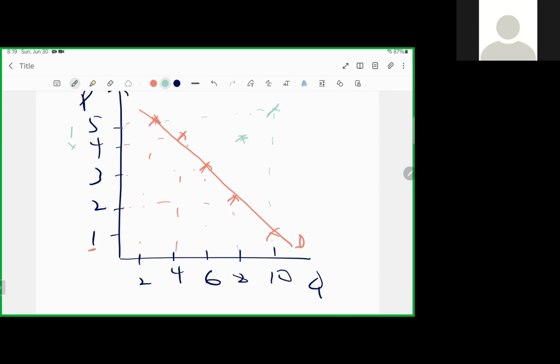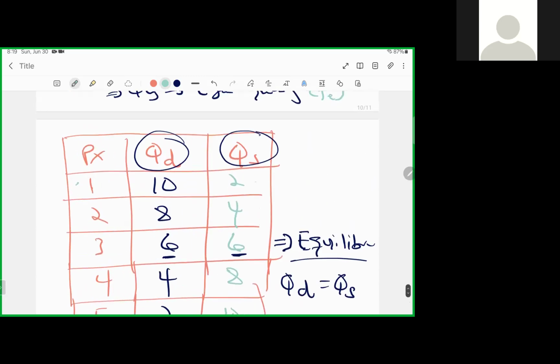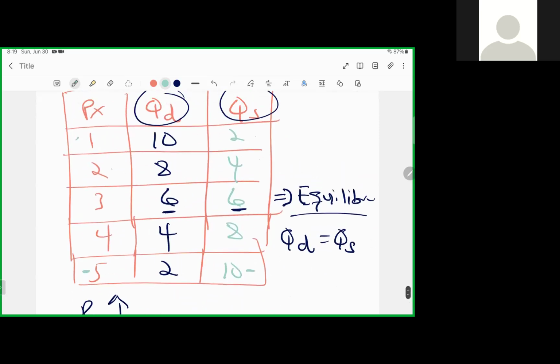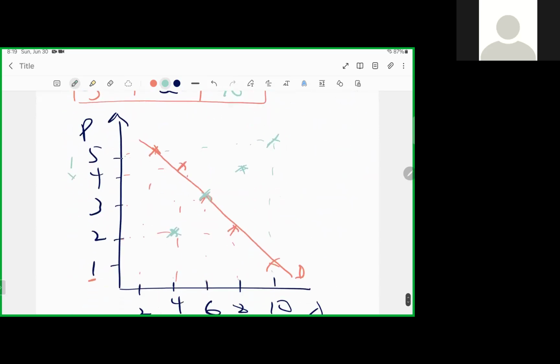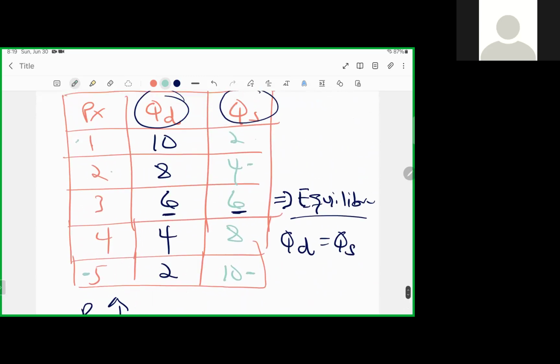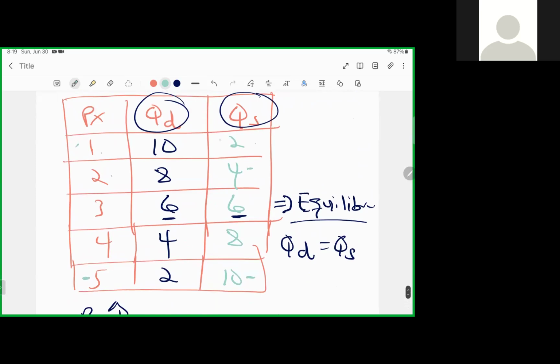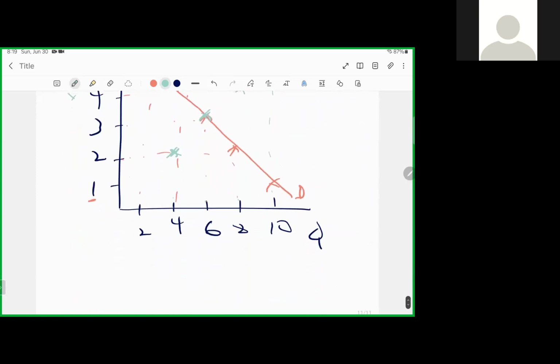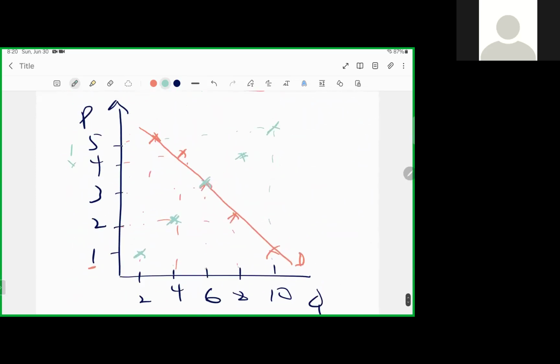Price has decreased, they decrease the supply. Price has decreased to 2, they decrease supply to 4. Price has decreased to 1, and they decrease it to 2. So in this case, if you plot this, you will find the supply curve.